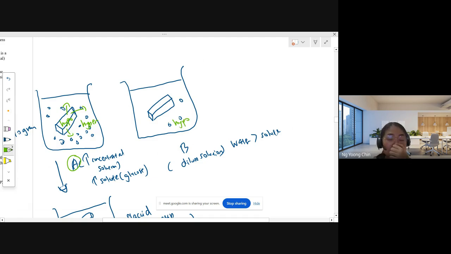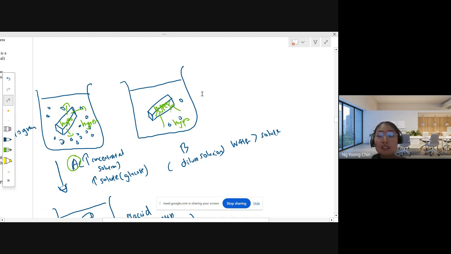Then the potato strip itself will become hypertonic. So the water will diffuse from the hypotonic to the hypertonic. This means that the potato strip will absorb water, due to diffusion.